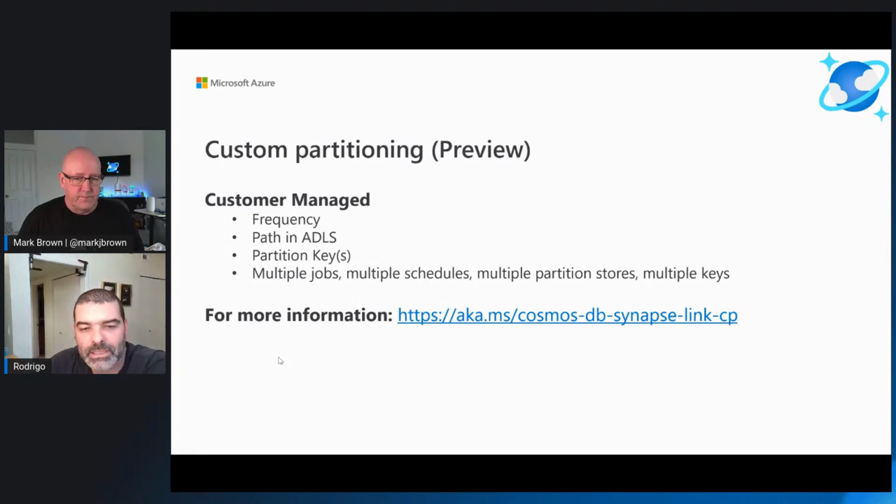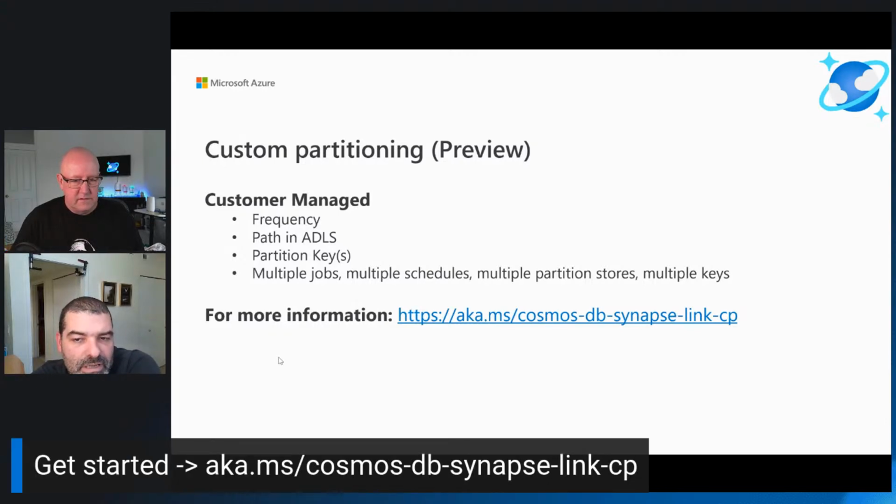Fully flexible. We have this link. We have more information about custom partitioning. Oh yeah, let me put that up here. Our aka.ms Cosmos DB Synapse Link custom partitioning. It's our blog post with more links and more examples, more details, right? Yep.